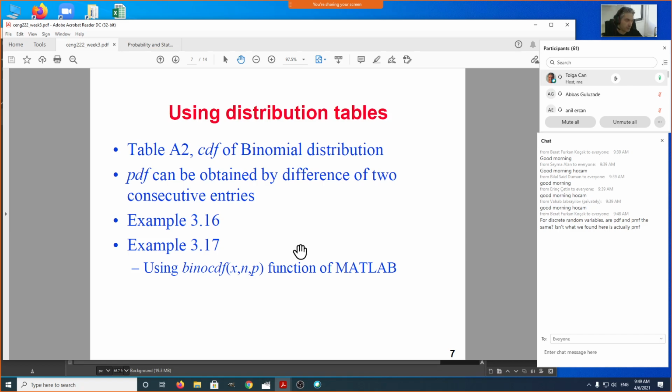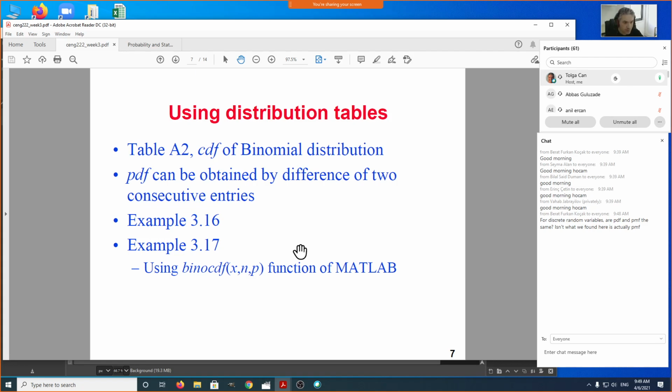In all of them, we are making some trial with some success probability, and we either look at how many successes we have, that may be the unknown thing, or the successes may be given, and how many trials we have. So it's either we are looking at the number of trials or number of successes, and it's either 1 or k. So these are the differences between the 4 discrete distributions we're going to talk about.